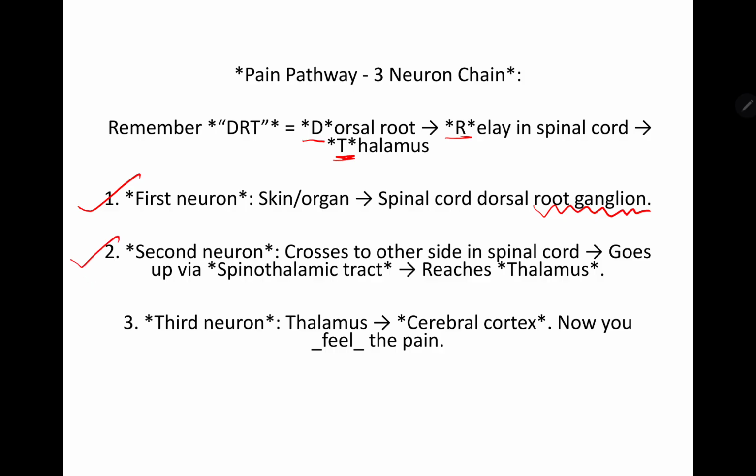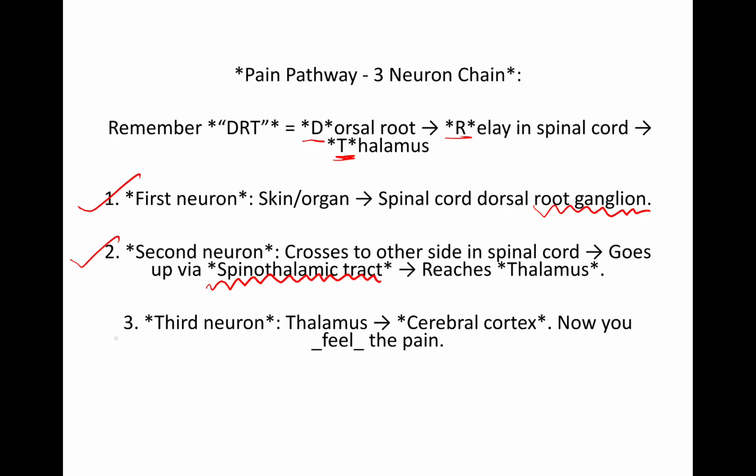Second neuron: crosses to the other side in the spinal cord, goes up via the spinothalamic tract, and ultimately reaches the thalamus.